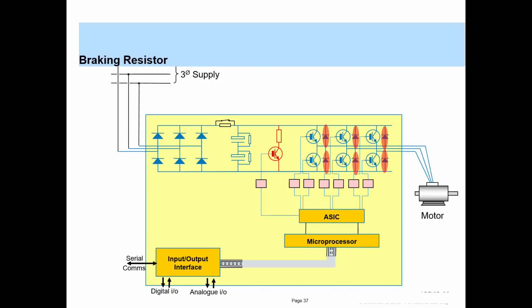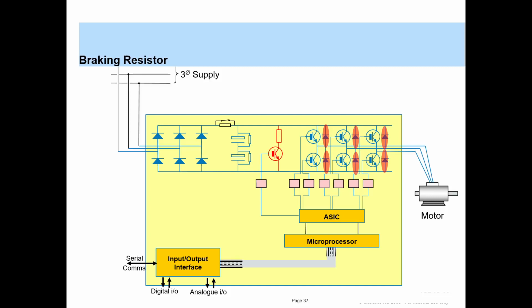So basically when a motor is regenerating, the freewheeling diodes conduct and rectify the generated voltage from the motor. These diodes convert this power from the motor into a DC supply, and this DC supply continues to charge the DC link capacitor.